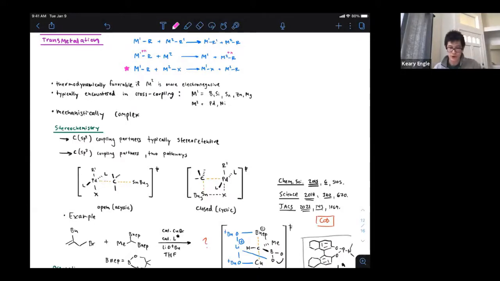When there's a strong thermodynamic driving force is when the metal 2, I mean, there are two ways to look at this. When the metal 2 is more electronegative, because then it's accepting the R group, or the other way to look at it is when the metal 1 group is accepting, which is more electropositive metal, is accepting the X, which is itself a more electronegative group. So in general, the thermodynamic driving forces, you want to pair electropositive and electronegative.